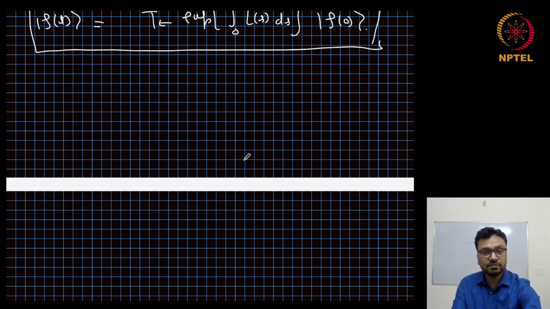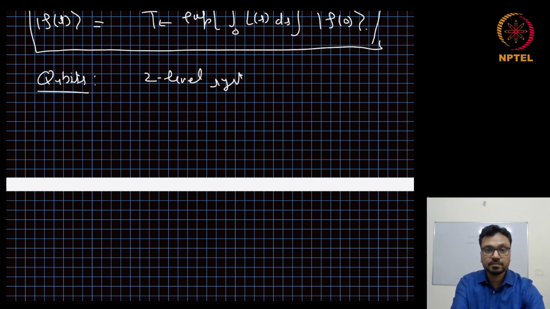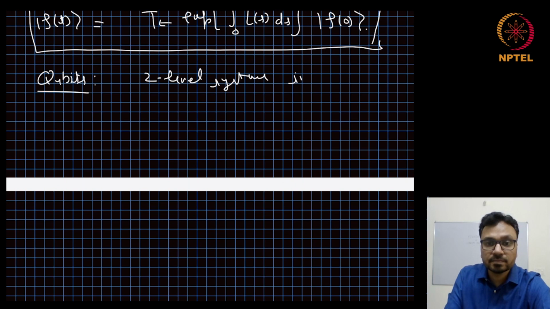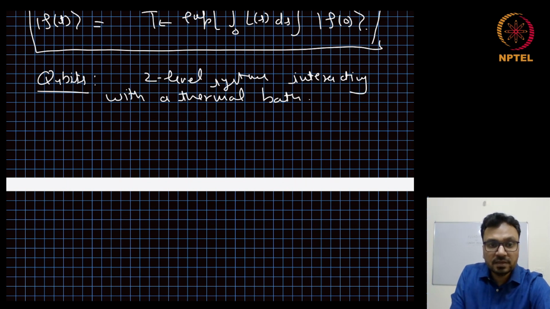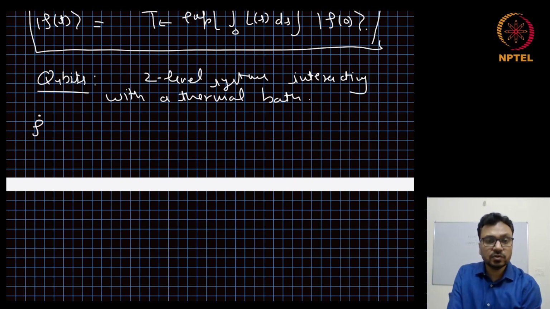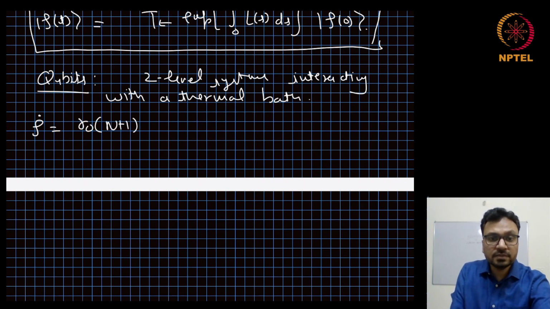Now let us take the example of qubits. That is, we have a two-level system interacting with a thermal bath. In that case, the density matrix rho dot is given by gamma naught times n plus 1.